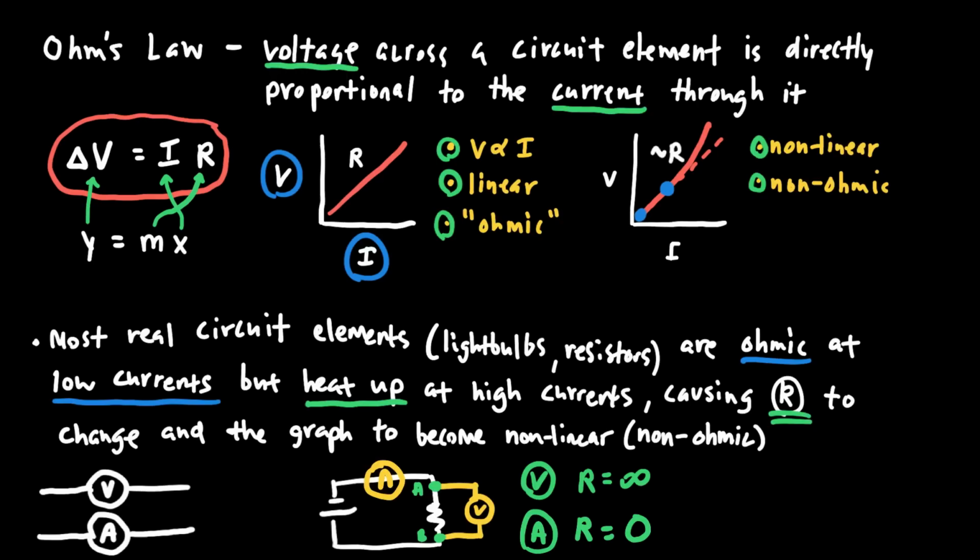So we want to add a device that is capable of measuring the current, and it has to be that same current as the resistor, but without altering the total current in the circuit. For that reason, the ammeter is designed to have zero resistance. So in summary, a voltmeter is designed to have infinite resistance and must be placed in parallel. An ammeter is designed to have zero resistance and must be placed in series.